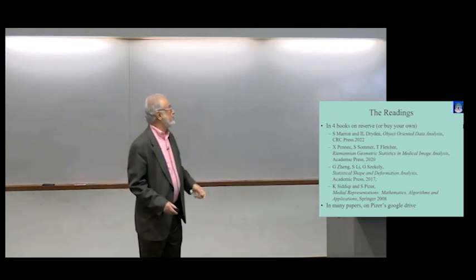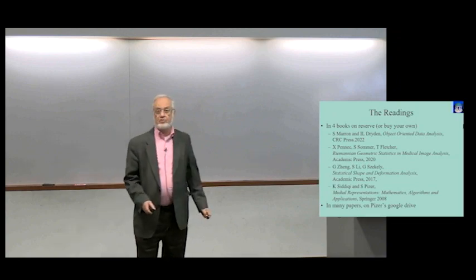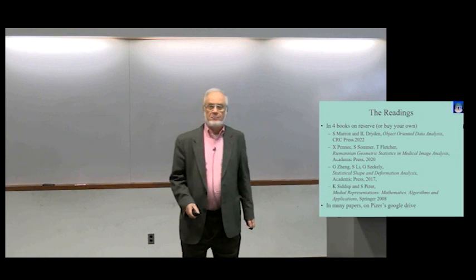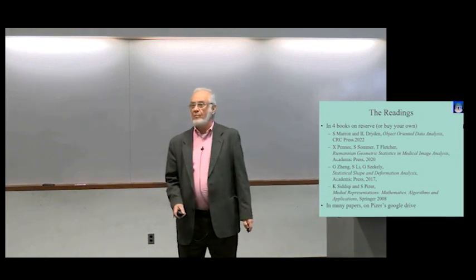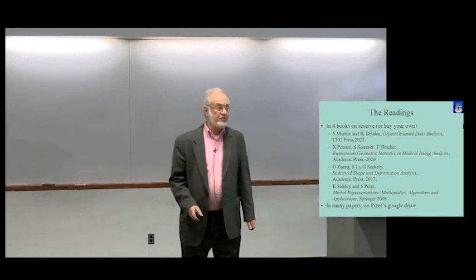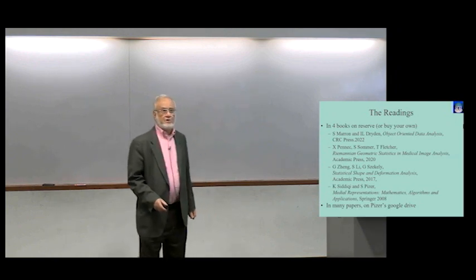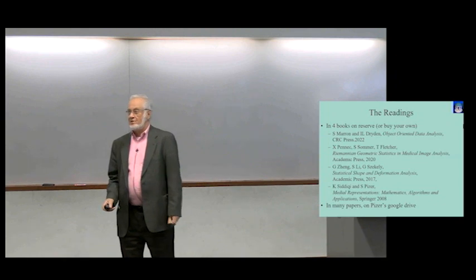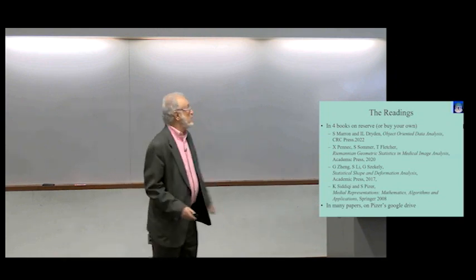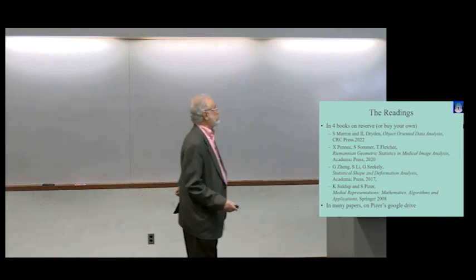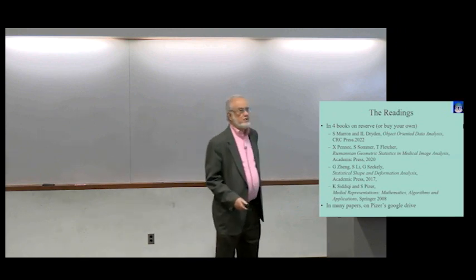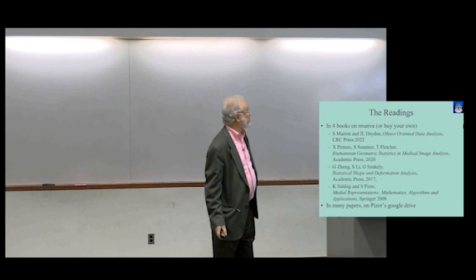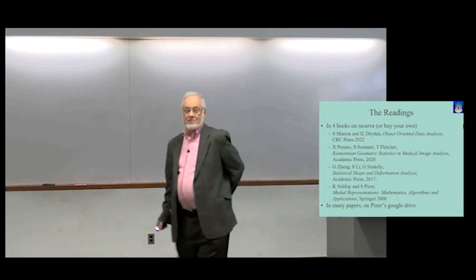There are, first of all, 4 books that I put on reserve. For those of you interested in this field, you may very well want to buy your own copy of these books, but they are on reserve in the normal reserve place, I guess at the undergraduate library, where reserve books get put. In any case, the first one is by Steve Marron, who is, well, I really should have said J.S. Marron.